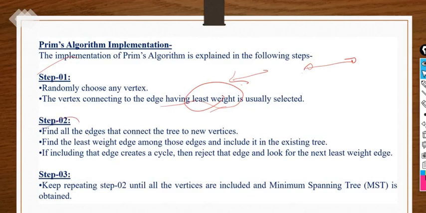After that, find all the edges connecting the tree to the new vertices, and each time we look for the least weight edge. There should not be any cycle, and every vertex available in the graph must be in connected form.